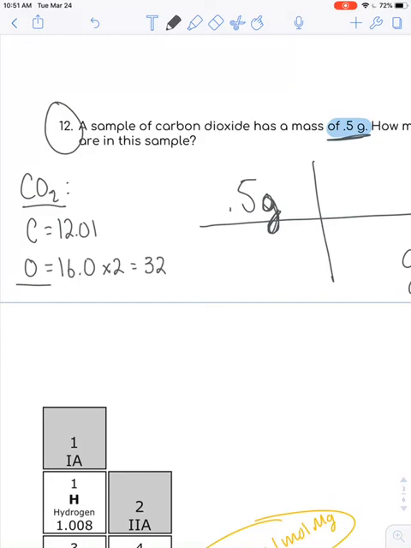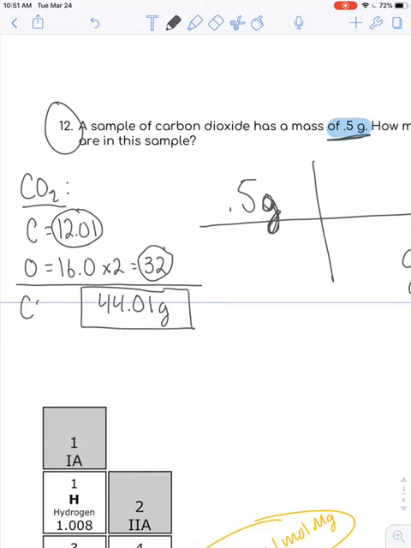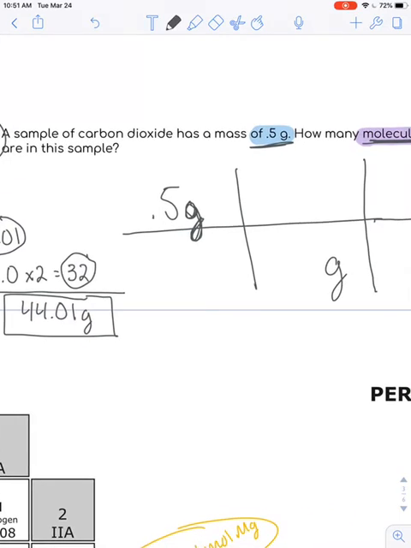So altogether we have 12.01 plus 32, which gives us 44.01 grams for our molar mass of CO2. That means in 1 mole of carbon dioxide, we have 44.01 grams. Since our grams are on the bottom, that number is going to go on the bottom.